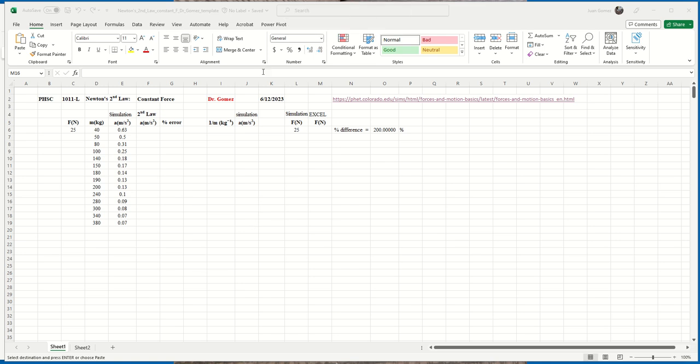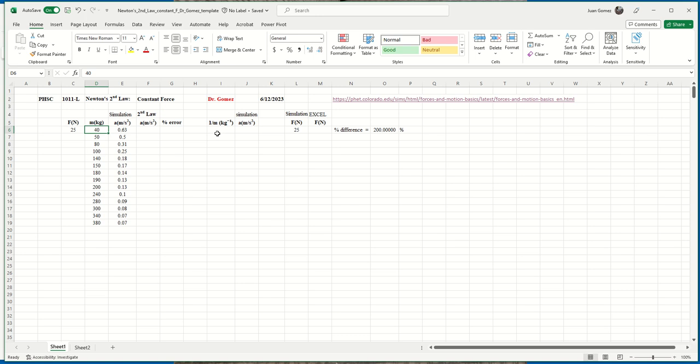Okay, so now we want to create a graph of A versus 1 over M. So I've got my mass here. The mass is in column D, starting with D6. So I need 1 over the mass. So I need to fill this column. Remember, the values for the mass start in D6.